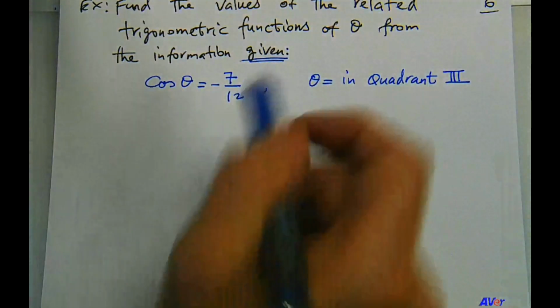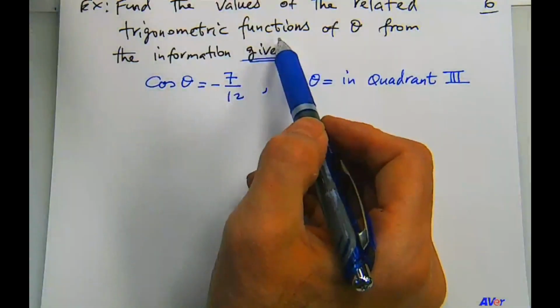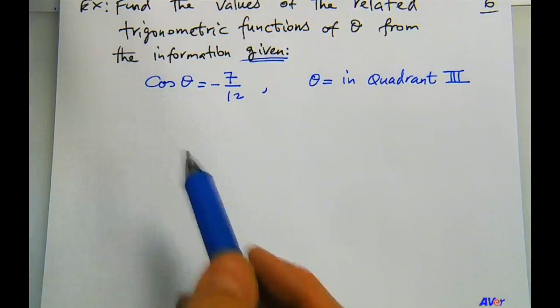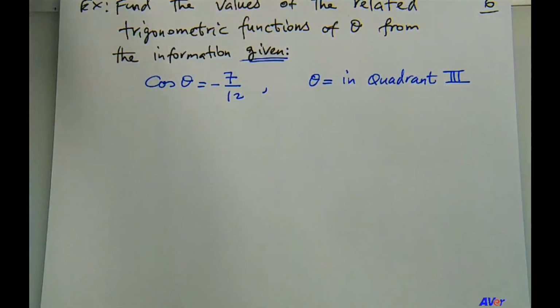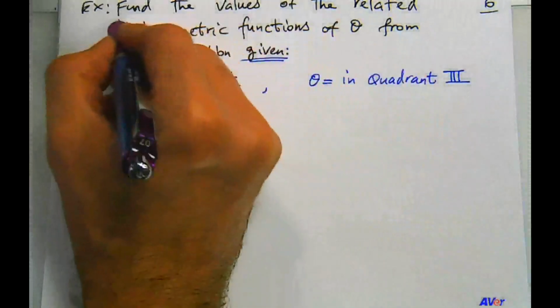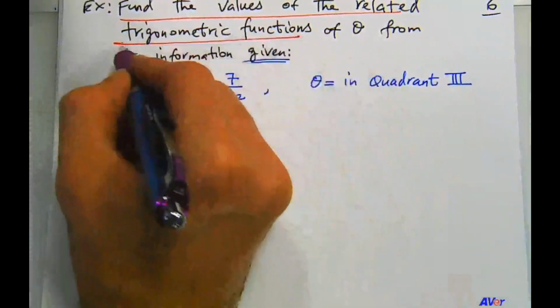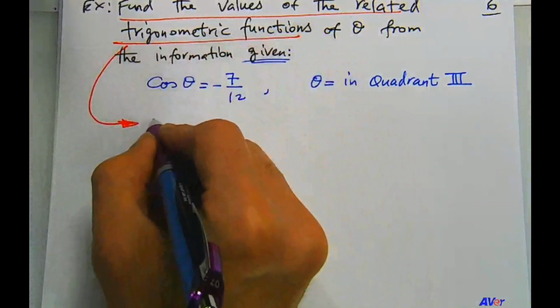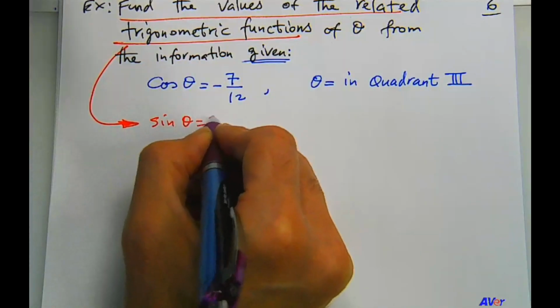Okay, so whatever you see in blue is given to us. And we need to find the values of the related trigonometric functions. That means the sine, the tangent, cotangent, and all of that. So given this, what they mean by that is what is the sine of theta?